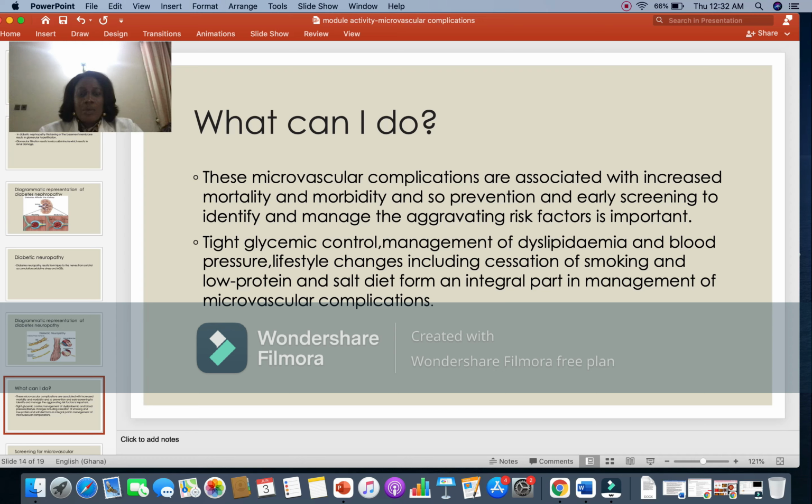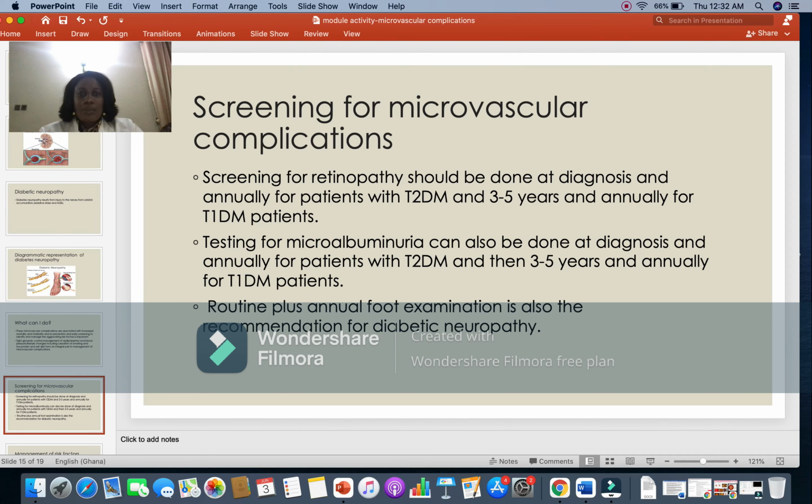Tight glycemic control, management of dyslipidemia and blood pressure, and lifestyle changes including cessation of smoking and a low protein and salt diet form an integral part in the management of microvascular complications.